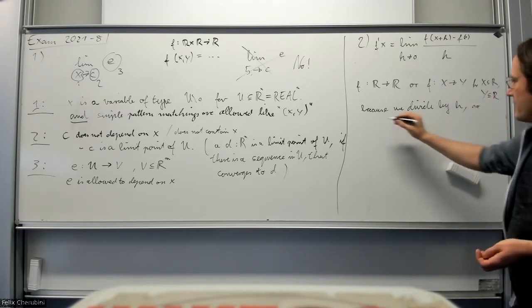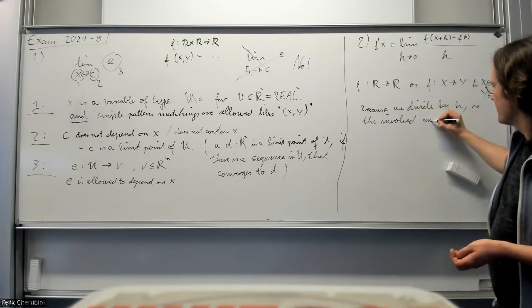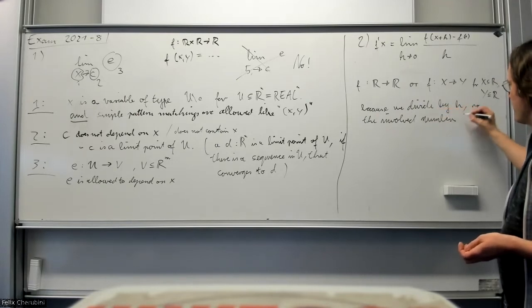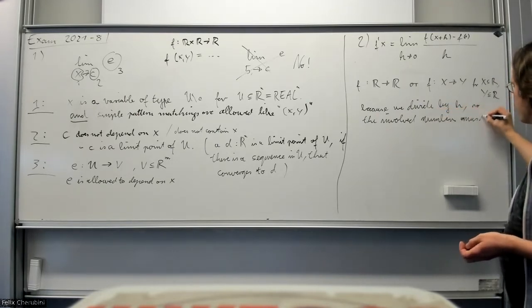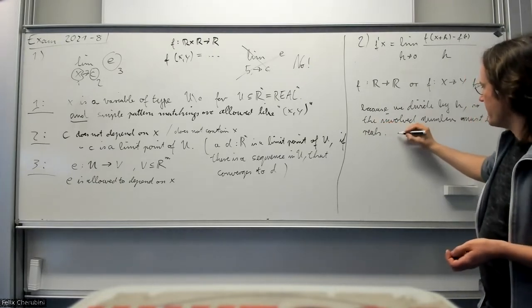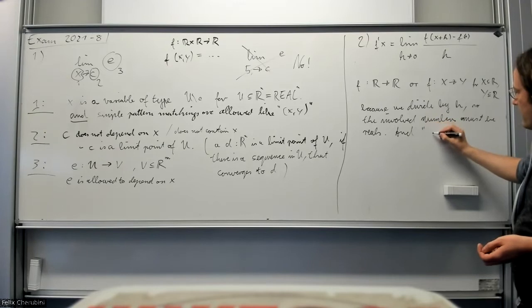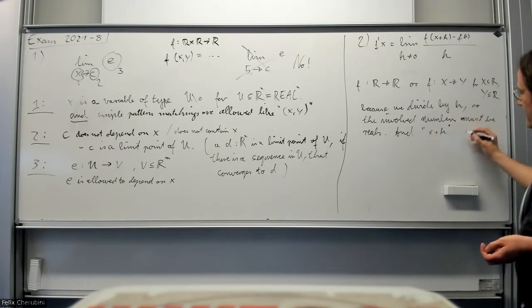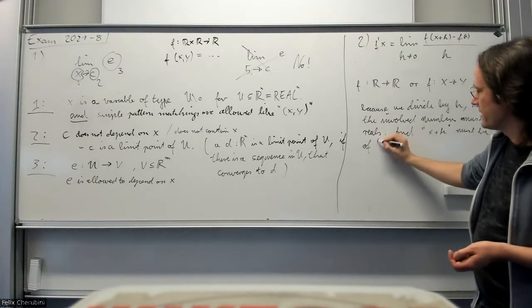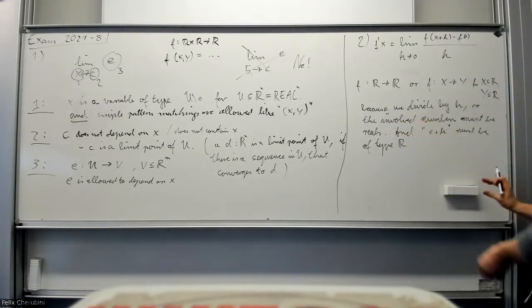So the involved numbers must be reals, and this expression x plus h must be of type R. So that's maybe a bit much text.